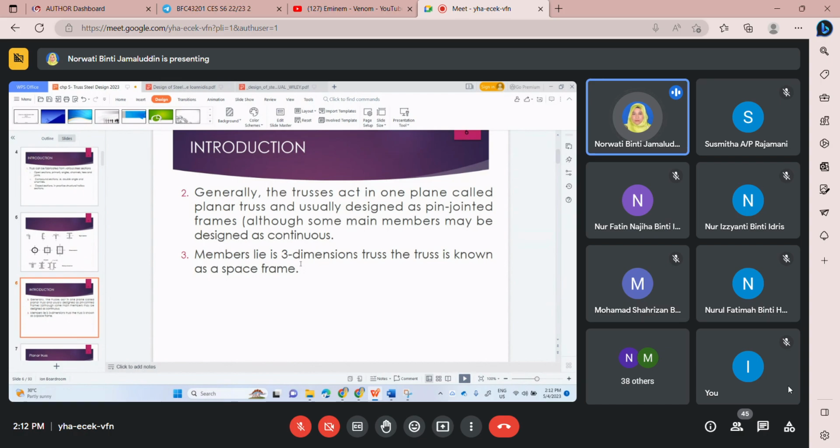The reason is to ease our truss analysis, untuk memudahkan. That's why we assume a pin joint. Some members may be designed as continuous. Then members in 3D, we call it a space frame, space truss.